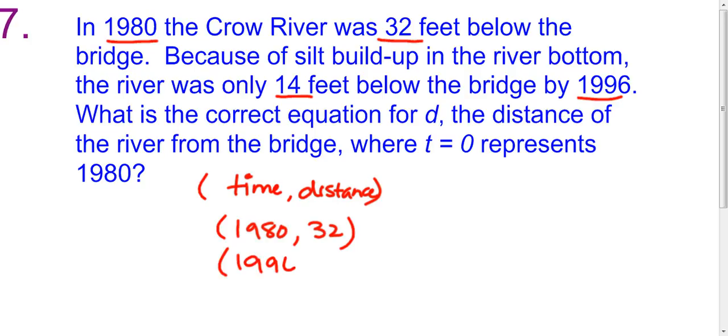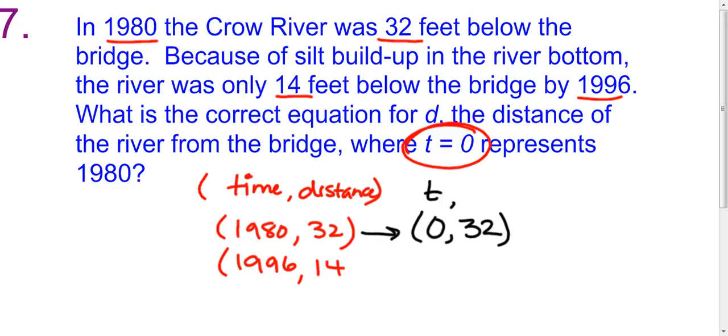So it would look something like this. The problem gives you this handy little thing right here. It says, let time equal 0 be in the year 1980. Basically, that's where you're starting to count the time. So instead of calling this the year 1980, you are going to call this year 0 because that's when you're starting to count the time.